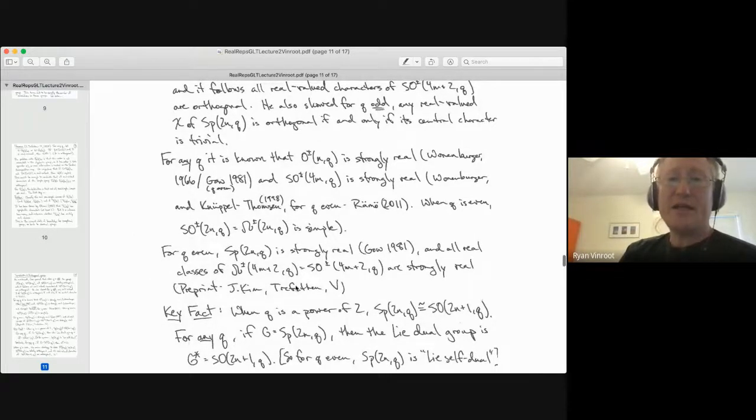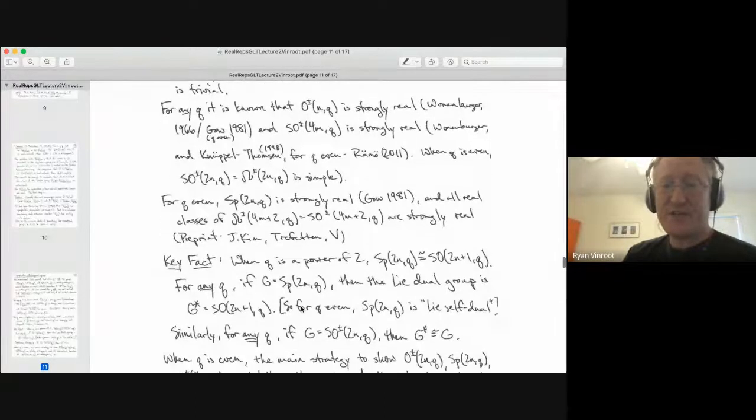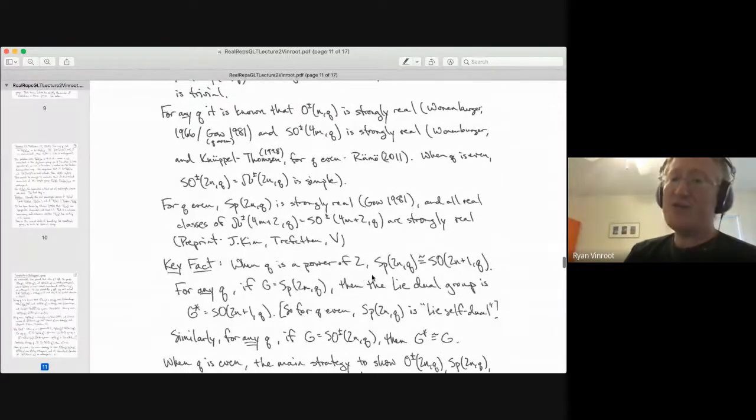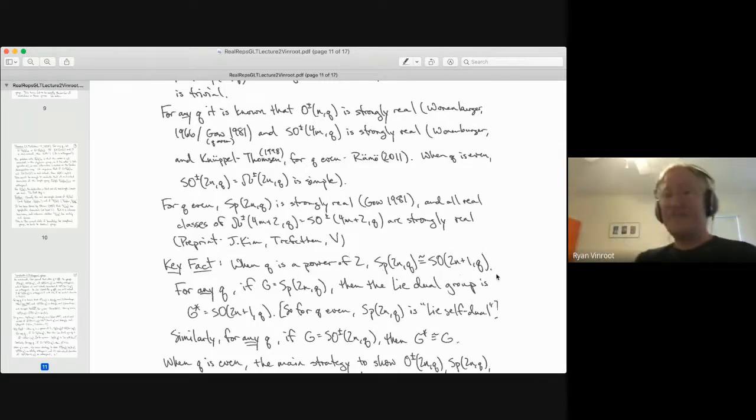So here's a key fact. A key fact in terms of these things. When Q is a power of 2, in fact, this symplectic group is isomorphic to the special orthogonal group with odd dimension. So this is a very good question in terms of how to define these things.